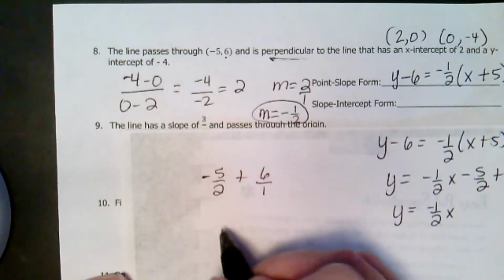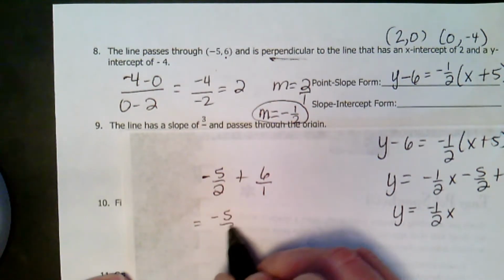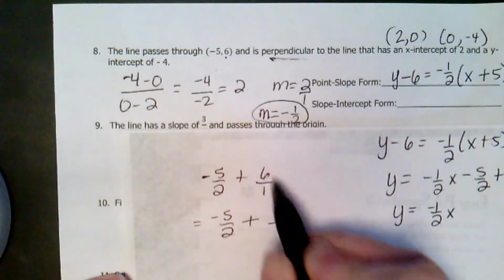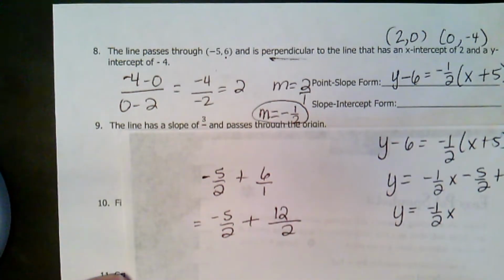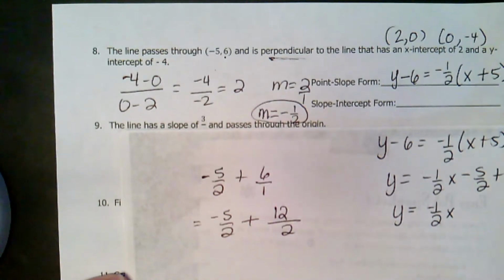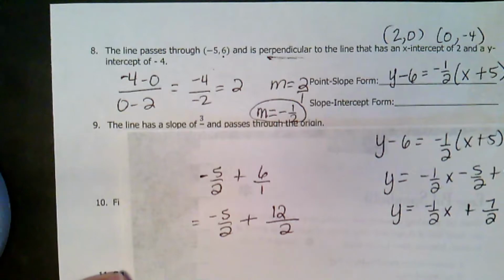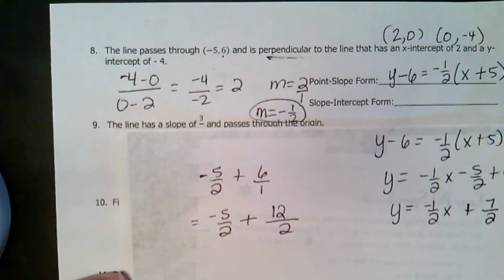Remember, we need the same denominators. If I make this one 2 times bigger, I gotta make this one 2 times bigger. -5 plus 12 is 7, positive, and then we keep it over 2. So this is our final answer.